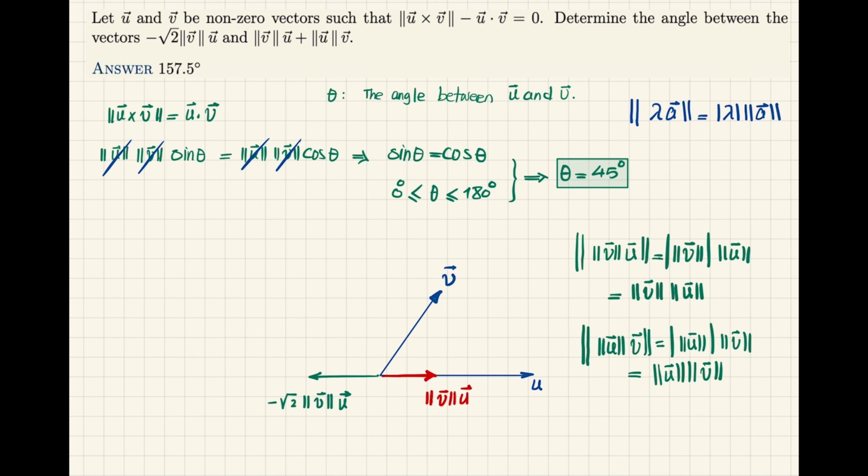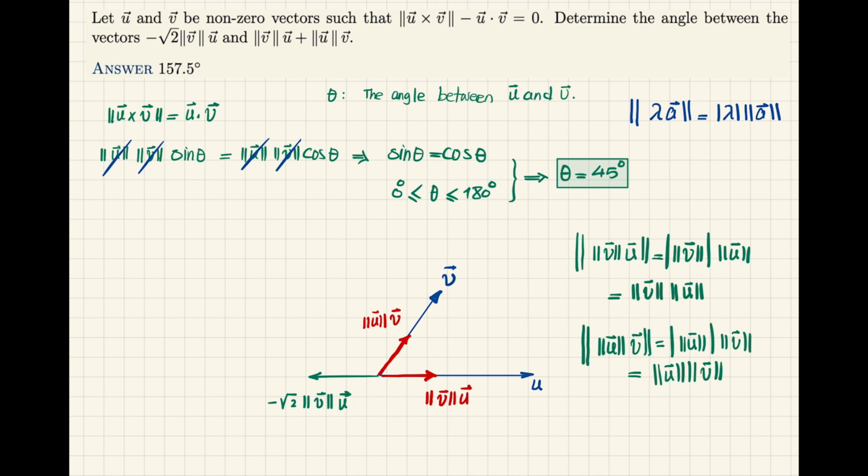So assume that this is your vector, but when I want to draw this vector, this is a positive multiple of v, so it should lie on v and in the same direction, but because of this calculation, I have to respect that this one has exactly the same length as this one. That is crucial here. So I will draw another vector here, try to make it the same length, and this would be the vector norm of u multiplied by vector v.